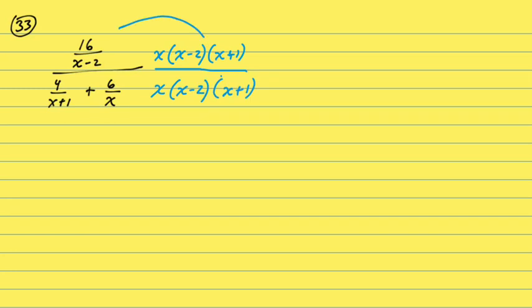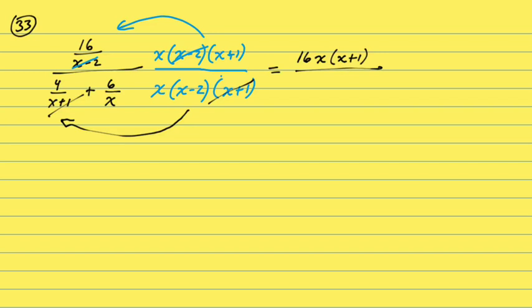When I multiply here, the x minus 2's cancel, and what remains? A 16x and an x plus 1. When I multiply here, what cancels? Do the x plus 1's cancel?